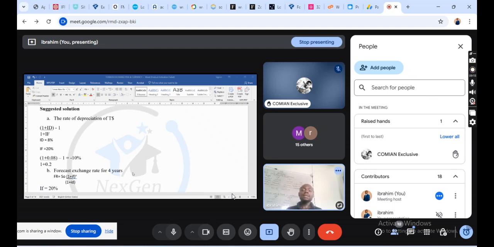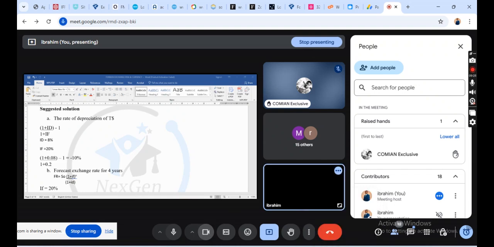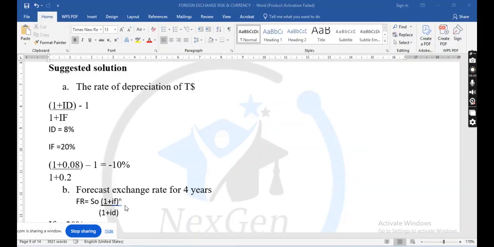For me to get the forecast exchange rate for year 1, year 2, year 3, year 4, I can decide that this is year 1.